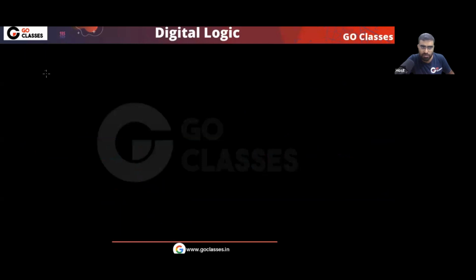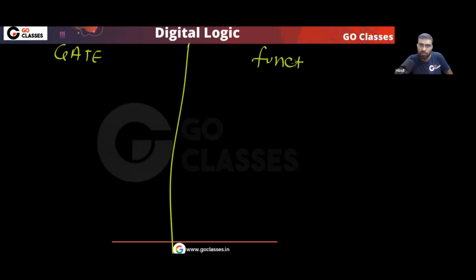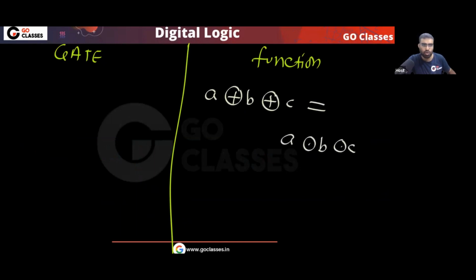Let's see this. If you have three inputs, focus, gate versus function. You already know that if you have three variables, then these two things are same. This thing is same as this thing, right? Agree? We have already seen this.